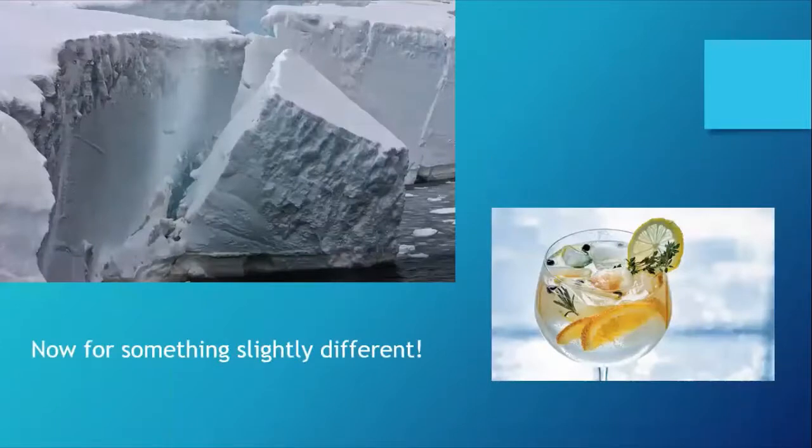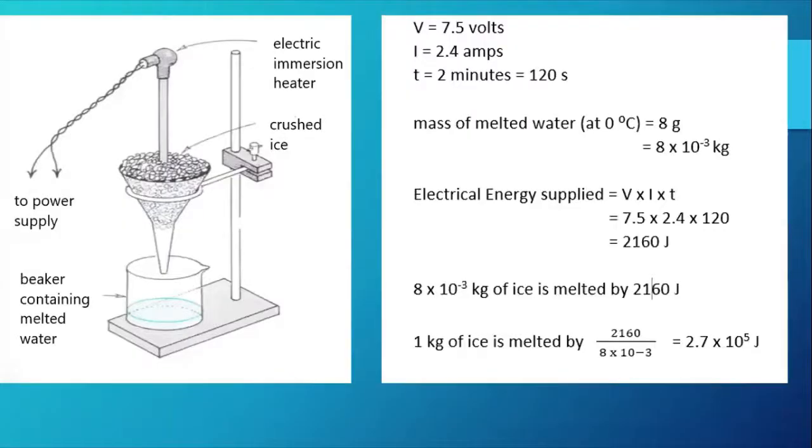Now for something completely different, as they say in Monty Python, except that this is not quite so amusing. What have we got here? We've got an electrical immersion heater in some crushed ice, in a filter funnel in a measuring cylinder, and we've got a beaker to contain the melted water.